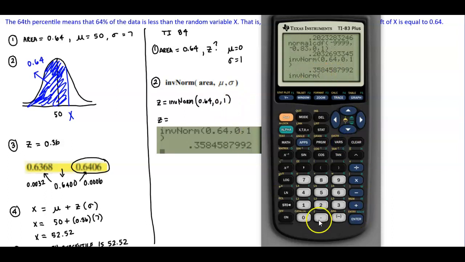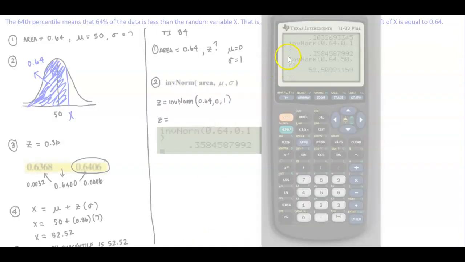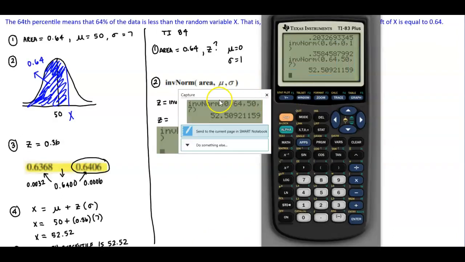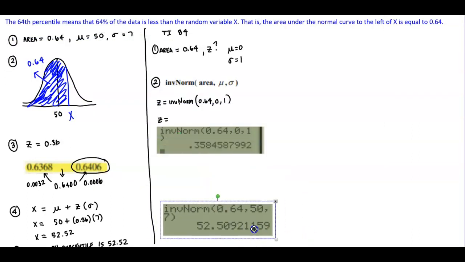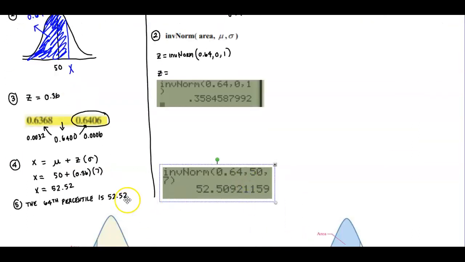The area is 0.64, the mean is 50, and the standard deviation is 7. As you can see here, we automatically get the value of x, which is 52.51.